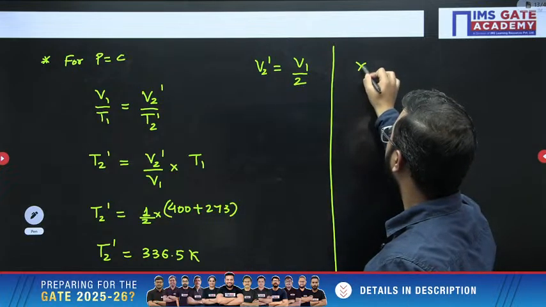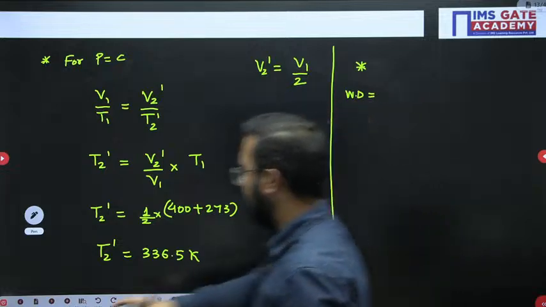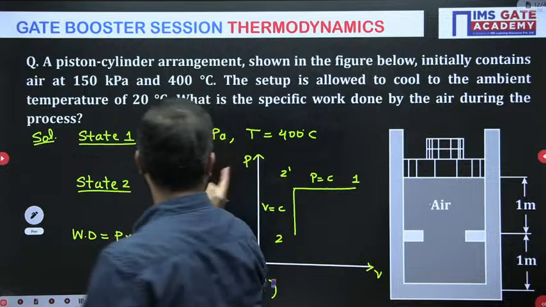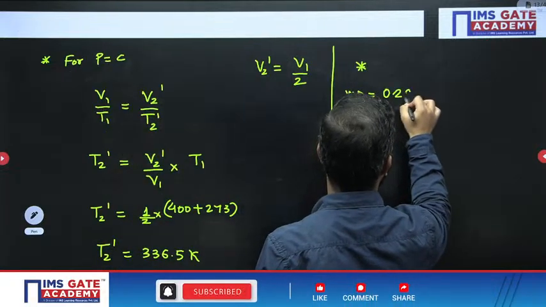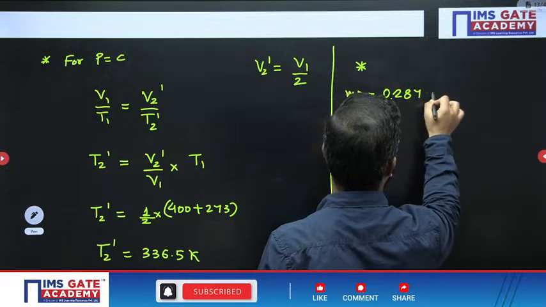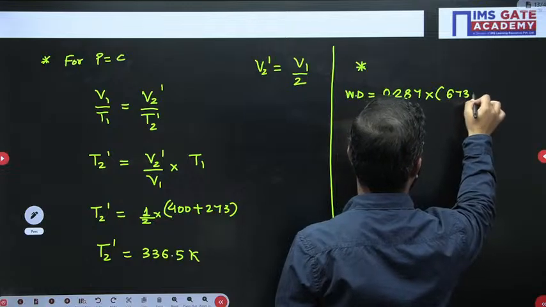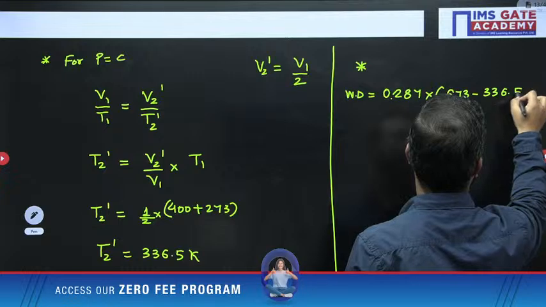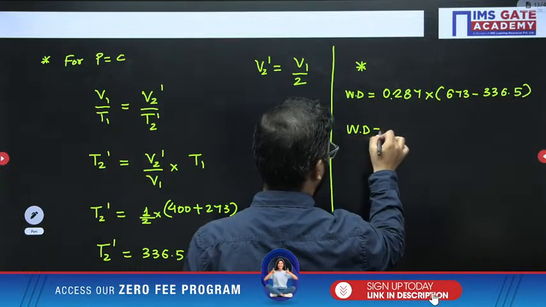So the work done answer we will get here, because it is R times (T1 minus T2 dash), T1 was 400 only, R is 0.287, 673 minus 336.5, right?